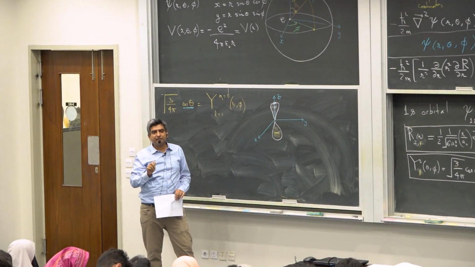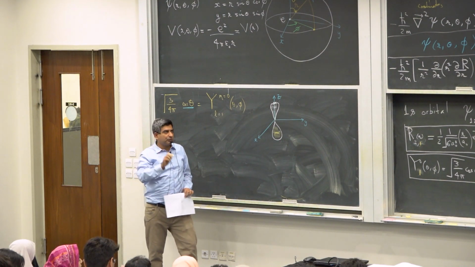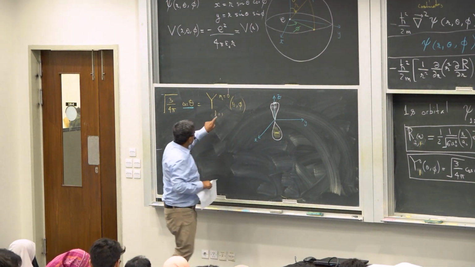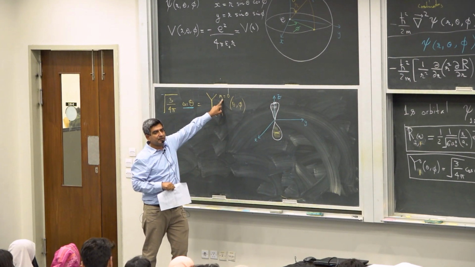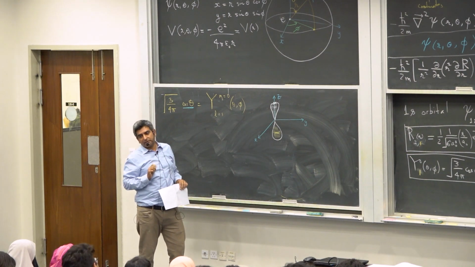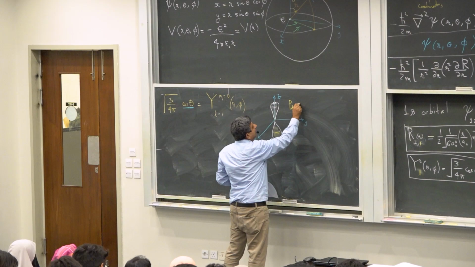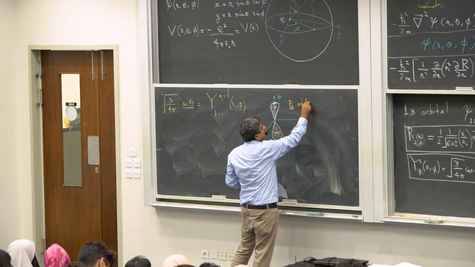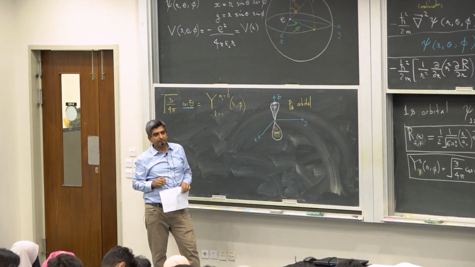Now this is a p orbital because L equals 1, ml equals 0, that's why it's called a pz orbital. This is what chemists like to call a pz orbital.